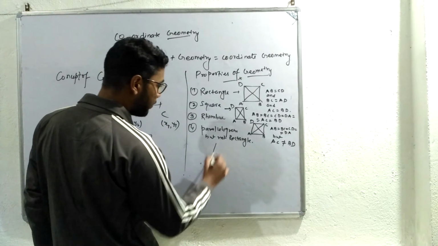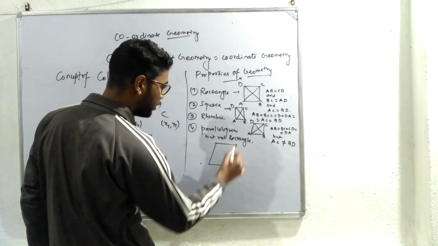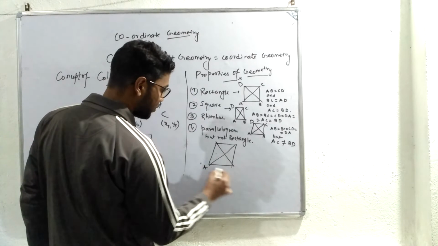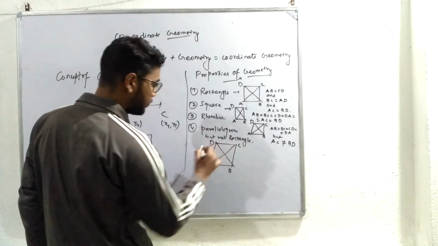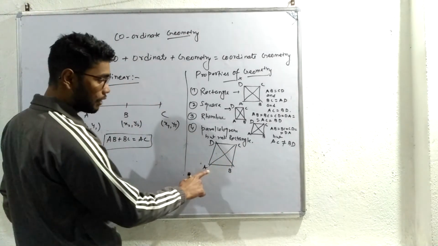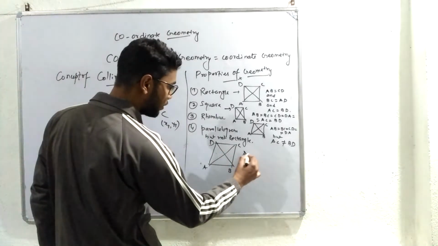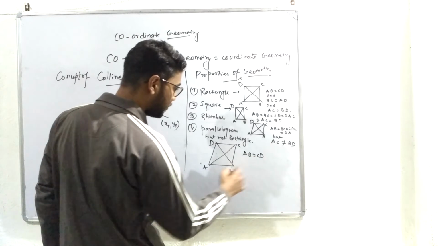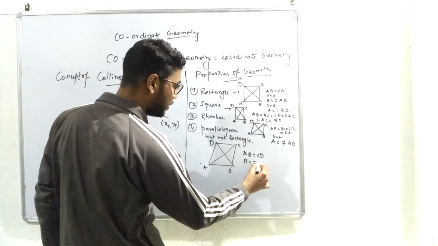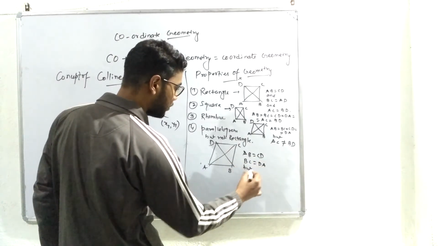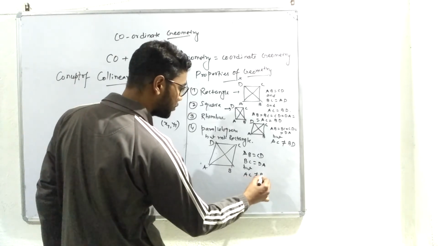For a parallelogram that is not a rectangle, the opposite sides are equal, AB equals CD, BC equals DA, but AC is not equal to BD.